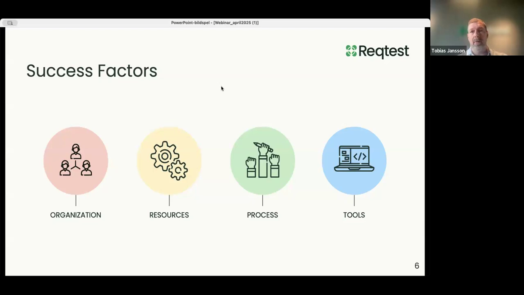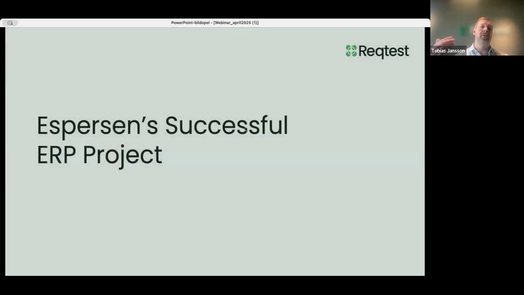But we're going to go ahead and jump into talking about your most recent project. And this is where we first got acquainted, through Espersen's successful ERP project that you led. I'm just going to briefly mention that Espersen is the leading fish producer in Denmark that recently did a large ERP project, which you led.